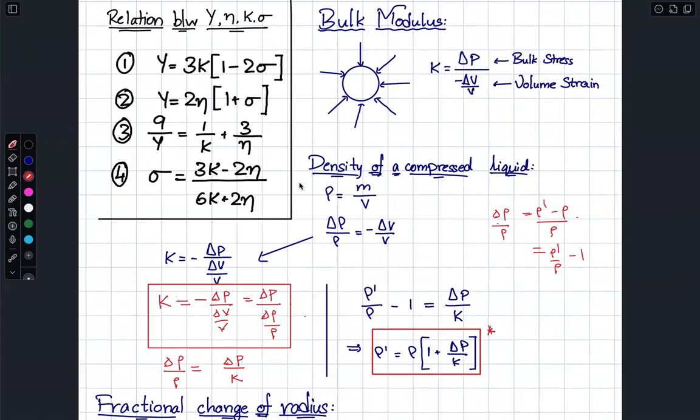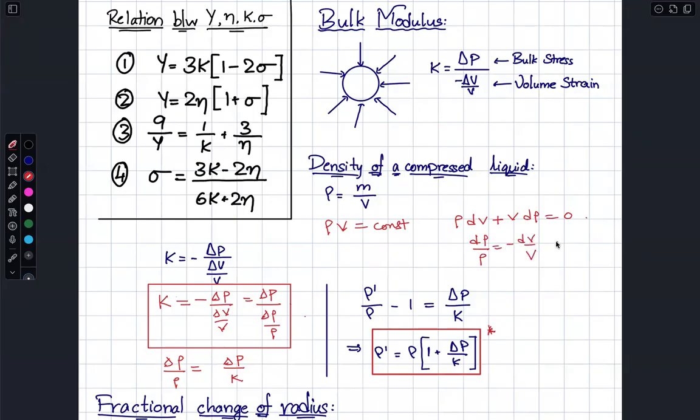Right. Now see, you have density is mass by volume. You do differentiation of this. That's it.